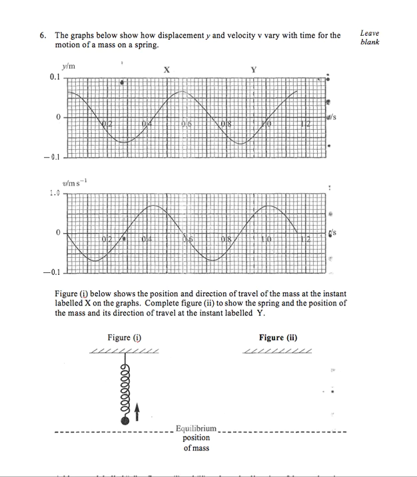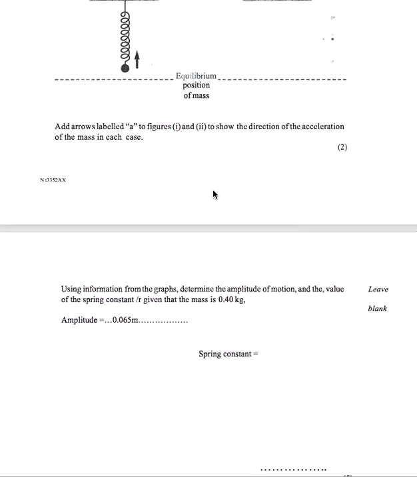And the reason being that we have a formula for the maximum velocity. So we know from our earlier work that the period is 2 pi root m over k, and it's k we want, and we've got m.